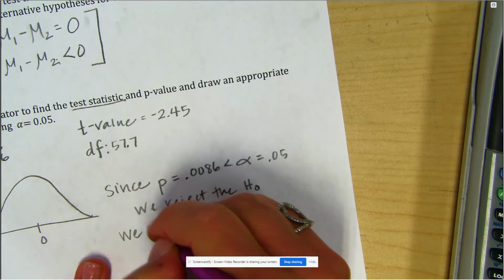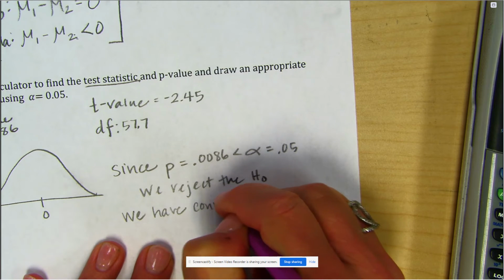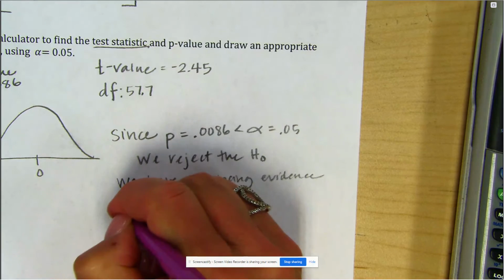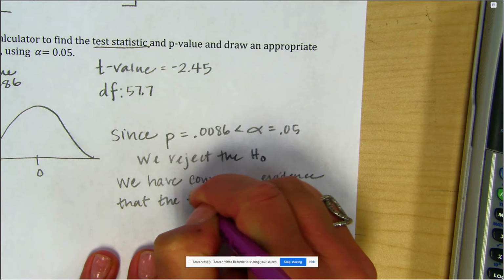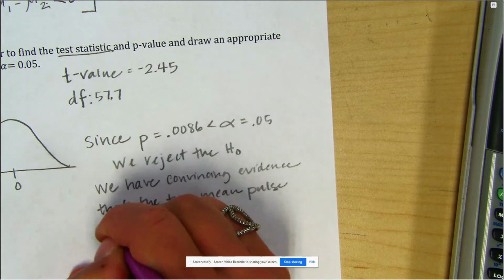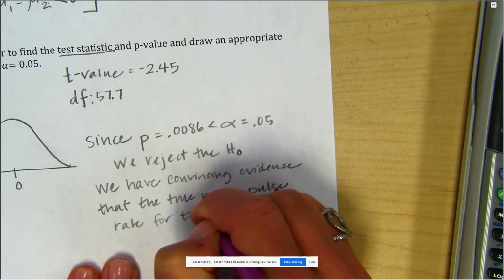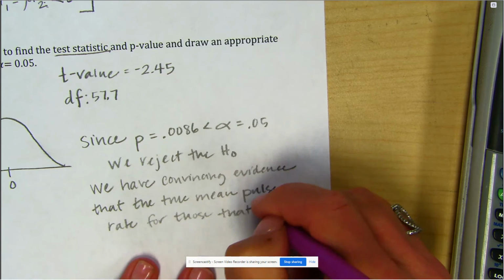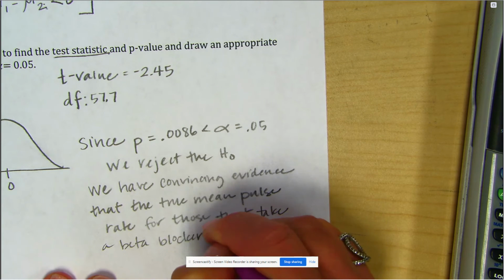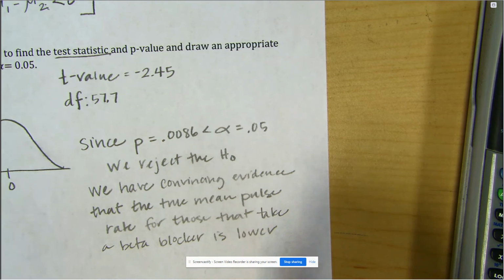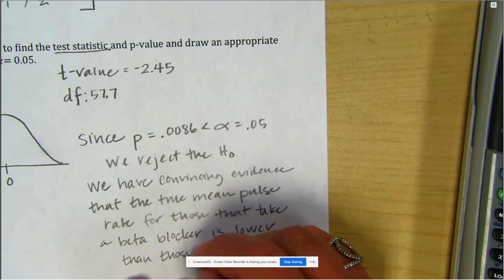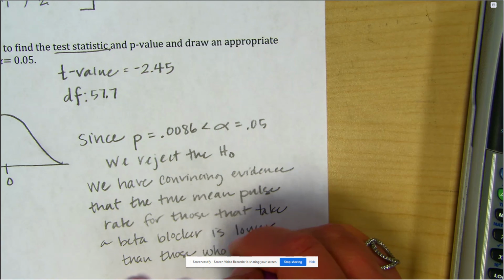We have convincing evidence that the true mean pulse rate for those that take a beta blocker is lower than those who receive a placebo.